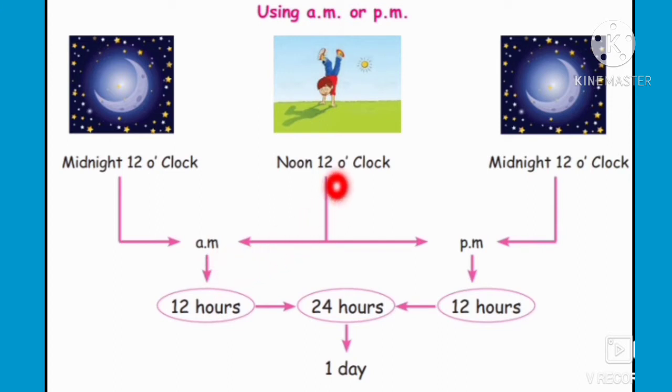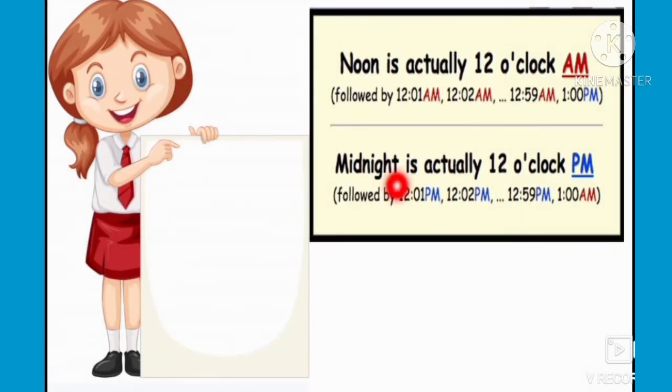And from 12 noon to midnight 12, the time is denoted by PM. What about 12 noon and midnight 12? Noon is actually 12 o'clock. It is denoted by PM. And midnight 12 o'clock is denoted by AM.